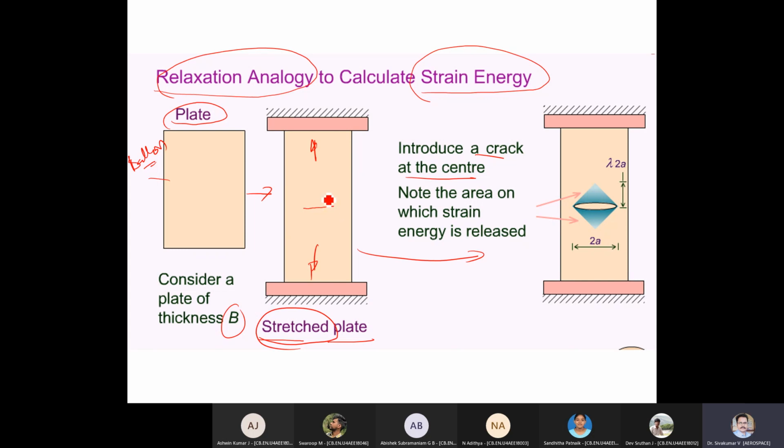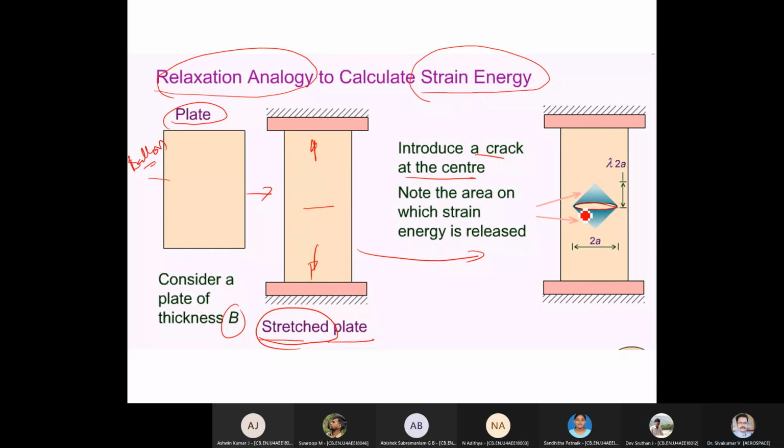The material is already in the stretched state. The moment you cut the elastic material, like a balloon or a plate, the crack, even though you make a cut like this, suddenly opens like this.